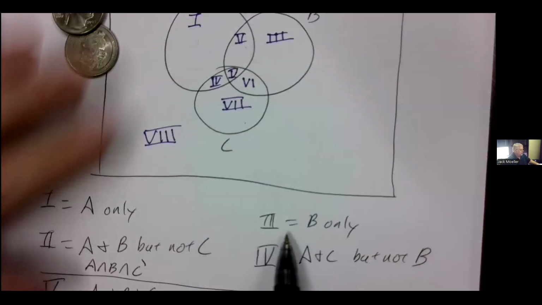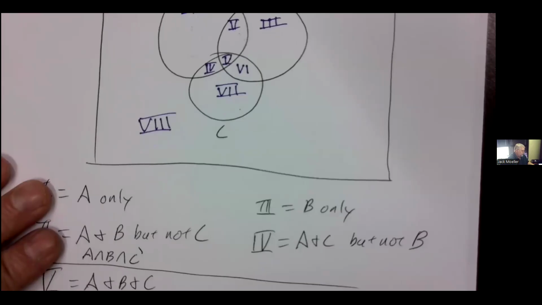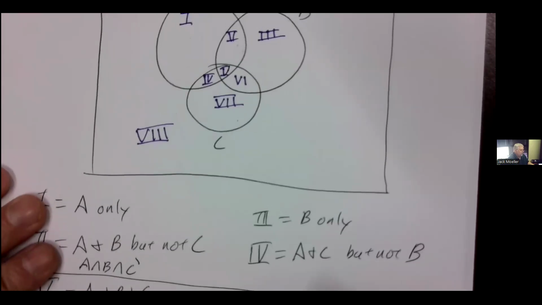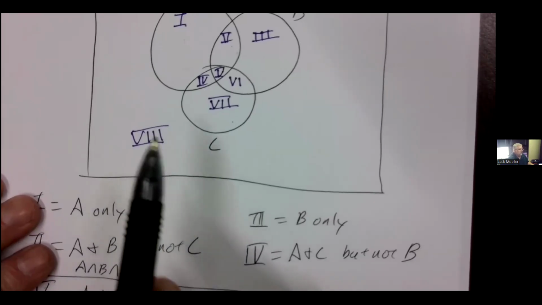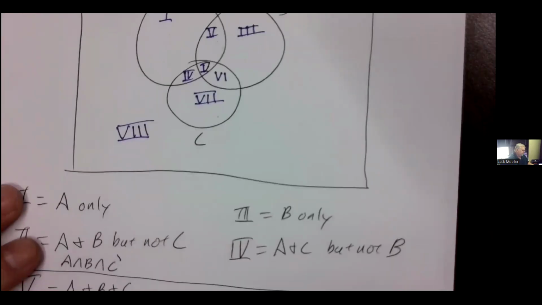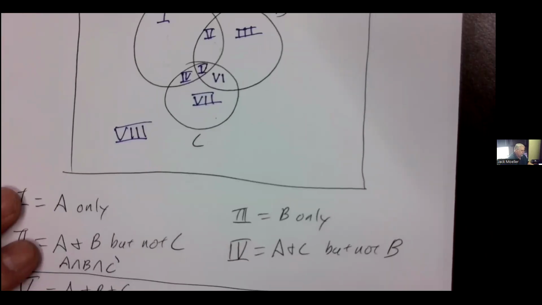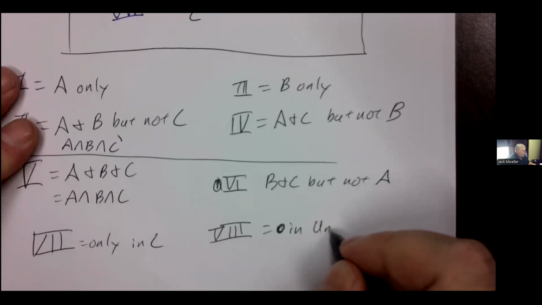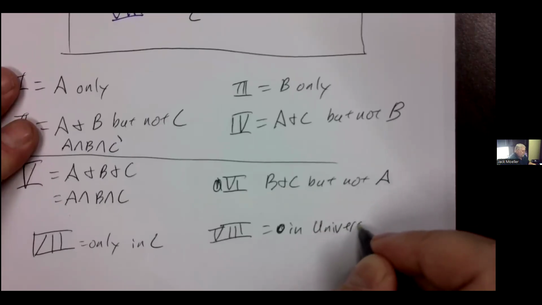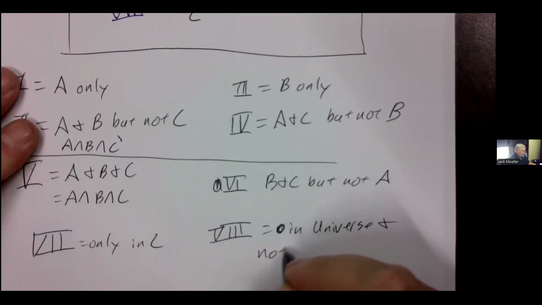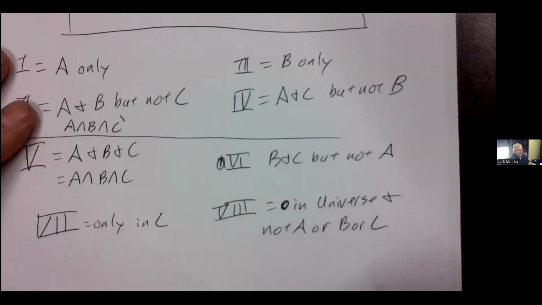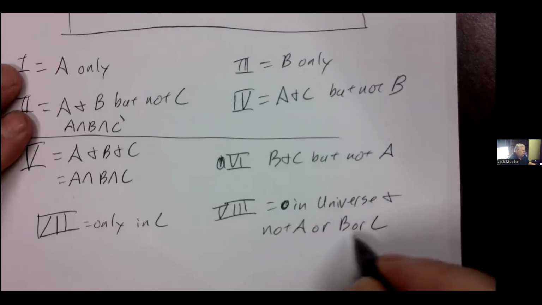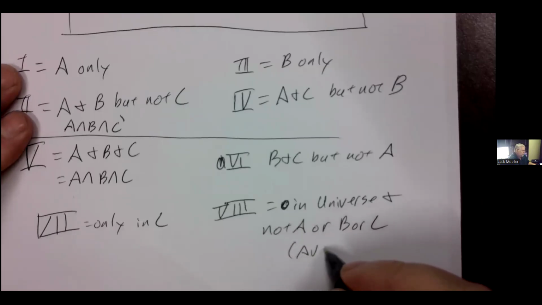What is region 8? Yes, it's part of the universe, but they're all in the universe. So this is the elements that are in the universe that are not in A or B or C. In the universe, and not A or B or C. So if I wanted to do notation for that, the ors would be A union B union C, and then we don't want that.